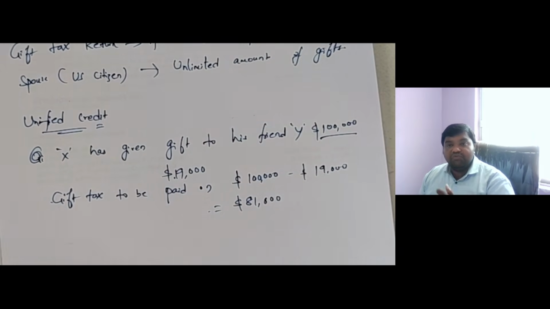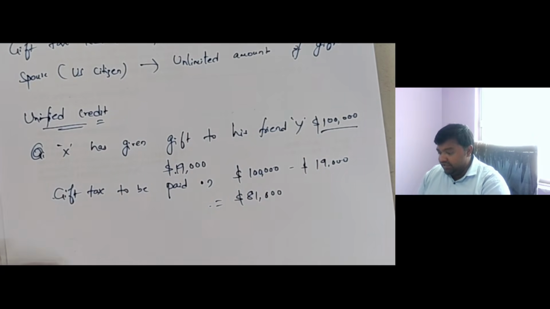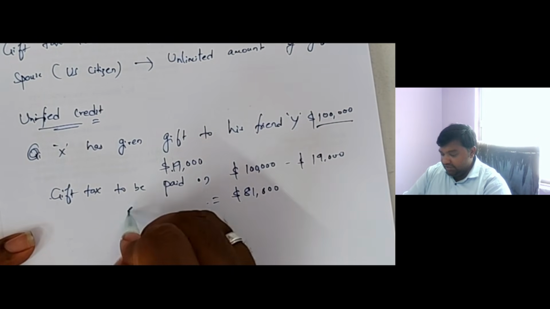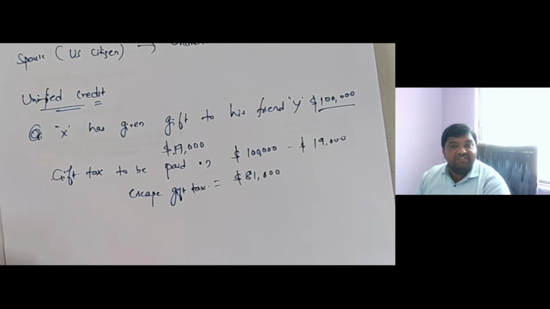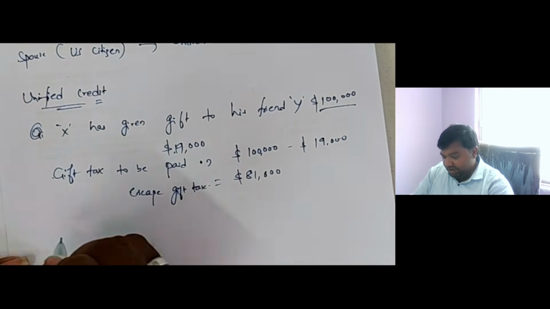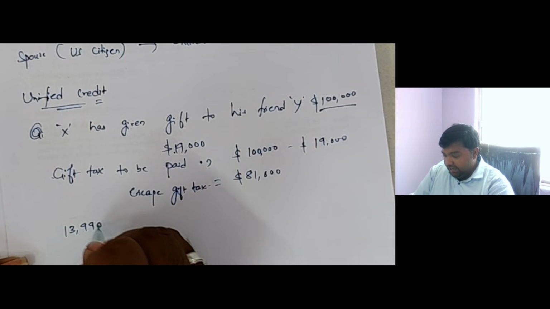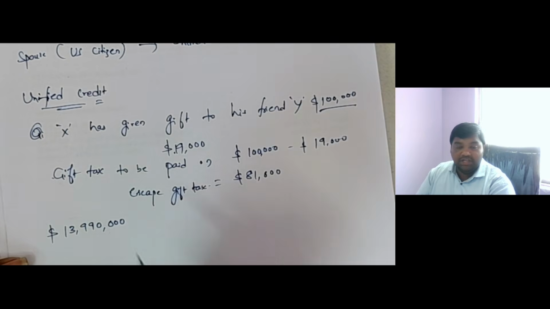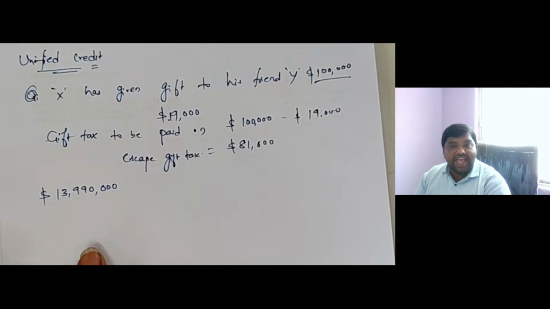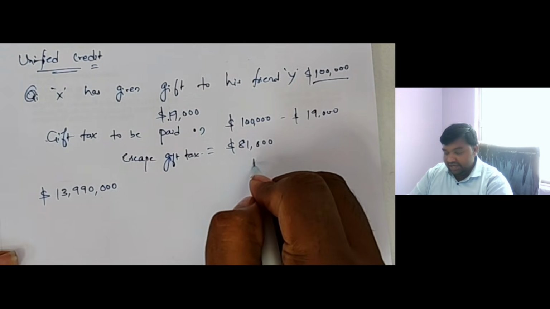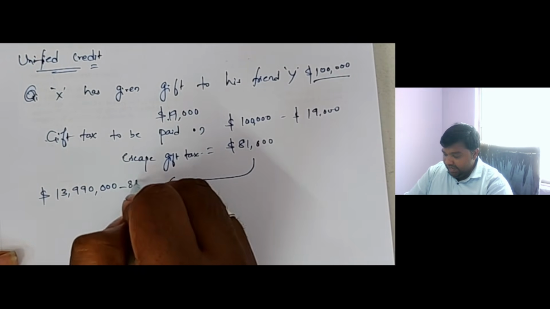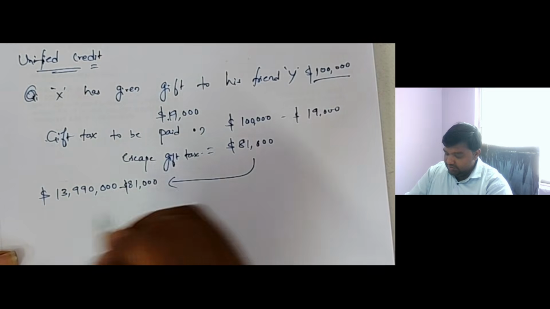But you can use one more concept called unified credit. You can escape gift tax by combining with the estate. The estate limit we have mentioned now is 13,990,000 US dollars. This is the estate exemption limit. So what you can do is reduce your estate exemption by 81,000 US dollars.